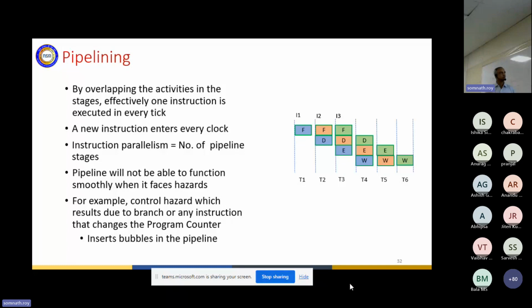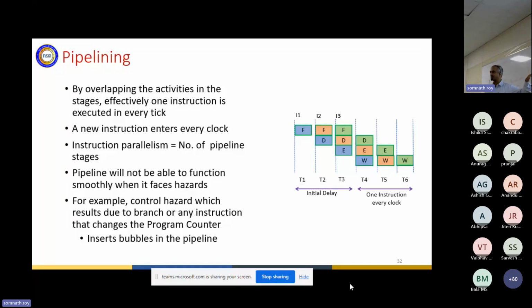Like this, what we have found is that these, which were 4 plus 4 plus 4, have now shifted towards the left. Now every unit is busy in every cycle. As a result, what did we get? This was the 3 cycle initial delay, but from the 4th cycle, every clock you are getting an instruction completed, right? In the previous case, only every 4th cycle one instruction was getting completed.